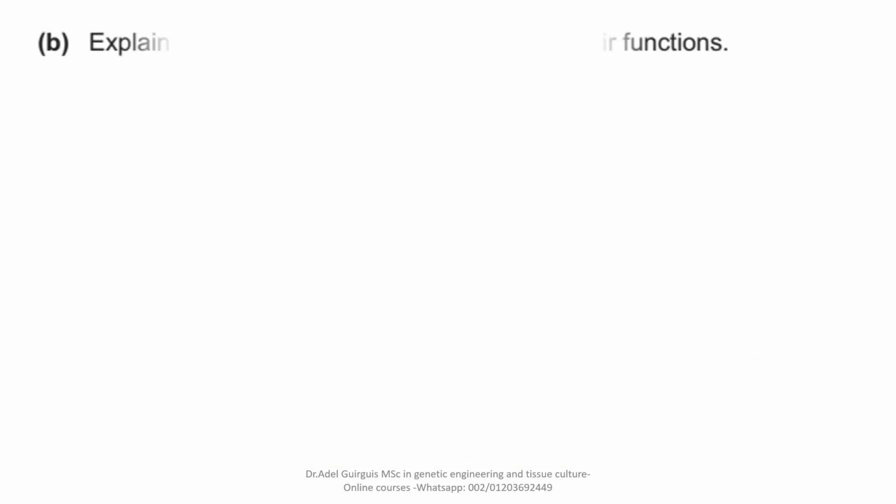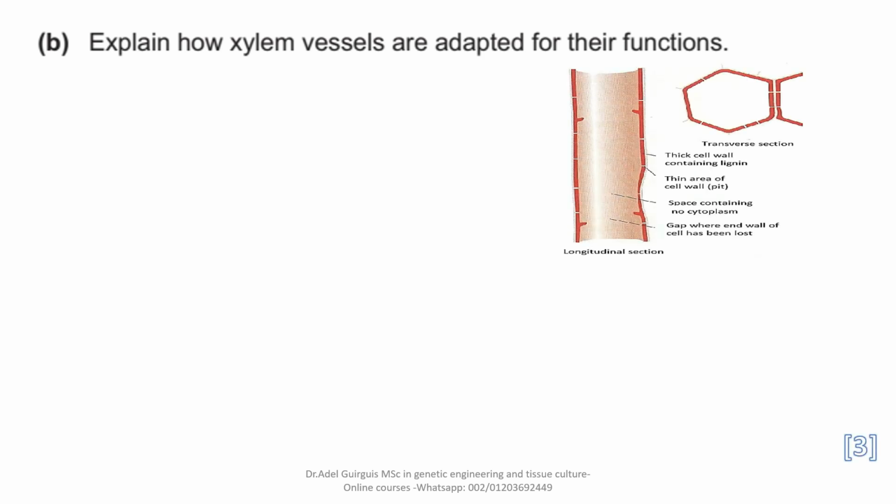Now letter B, explain how xylem vessels are adapted for their functions. This is the LS, longitudinal section, and transverse section TS, showing a xylem vessel.